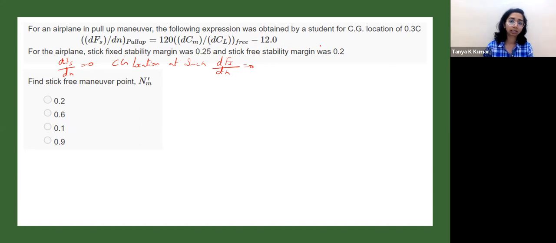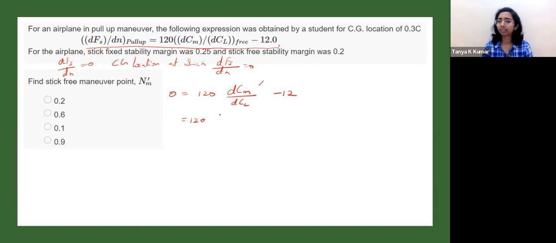Okay. So now let's plug that in and try to find this. DFS by DN, this equation is given to you. Just set it equal to 0. So 0 equals 120 DCM upon DCL, for the stick-free case we denote it by a dash, minus 12. So what is DCM upon DCL for a stick-fixed case? We have discussed this.